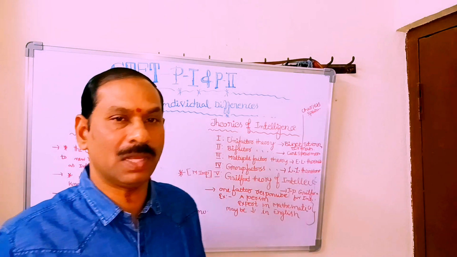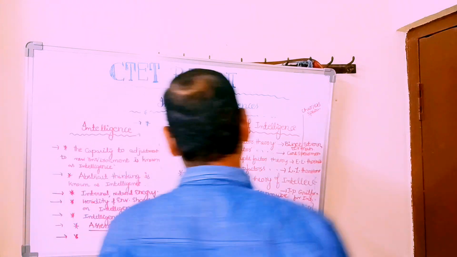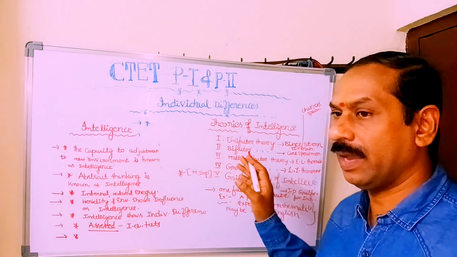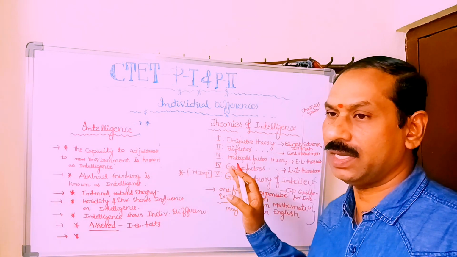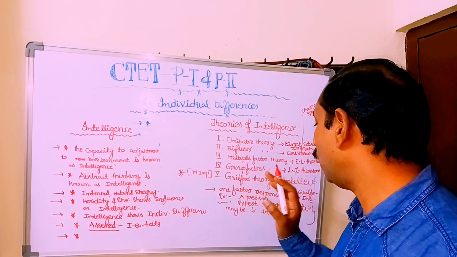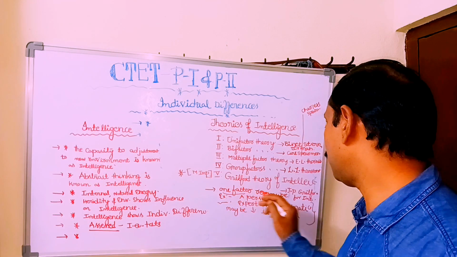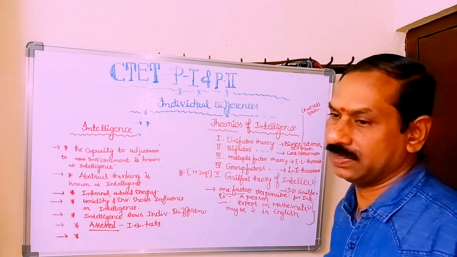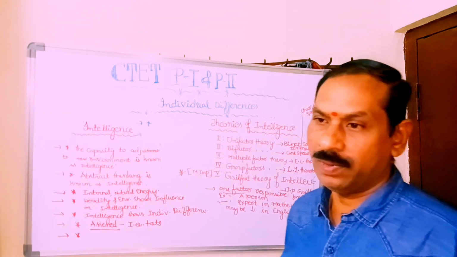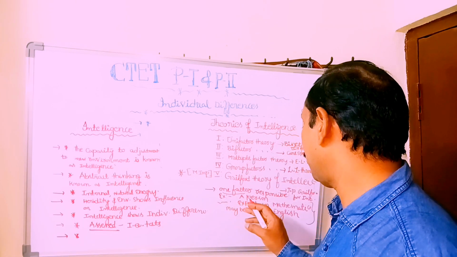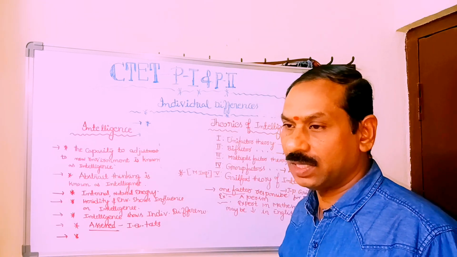Generally, it is not possible, but according to the unifactor theory of intelligence, only one factor is responsible for human intelligence.